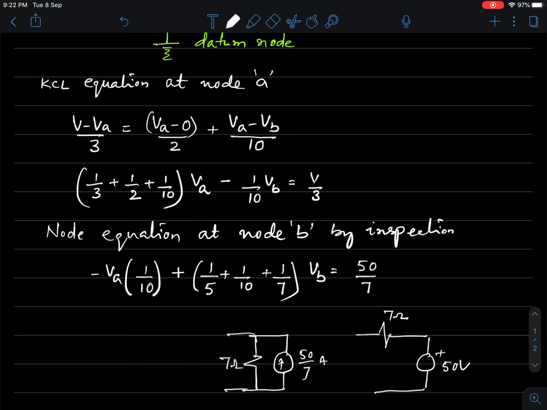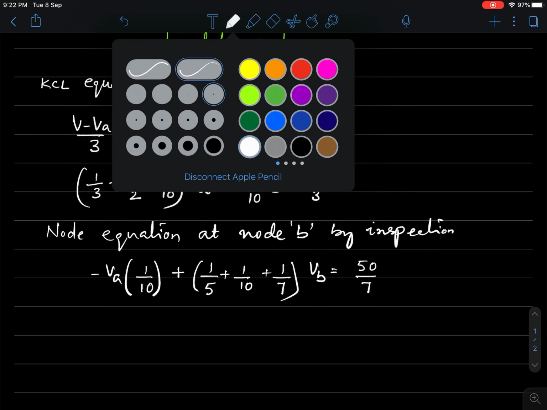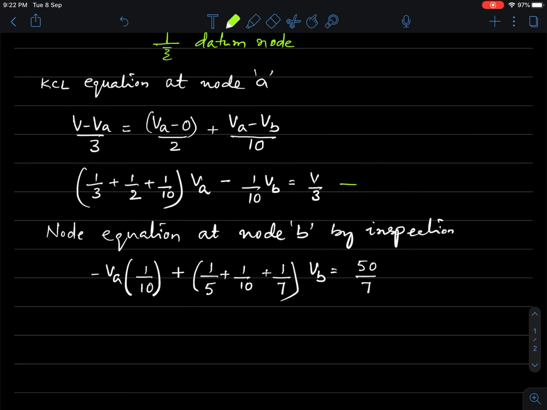So you can convert it into a current source and do it, or you can retain the voltage source as it is, and you can do it. The convenience depends on the individuals. So we wrote the second equation by inspection. This is my first equation. I'll try to number the equations now. This equation is equation 1 and this is equation 2.